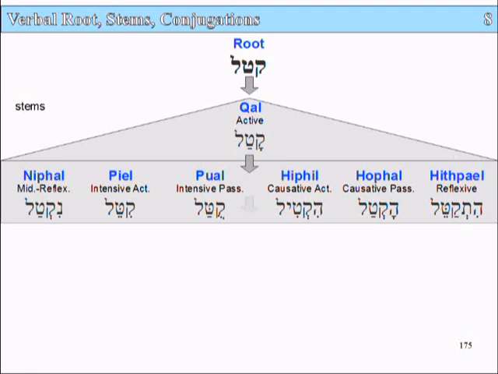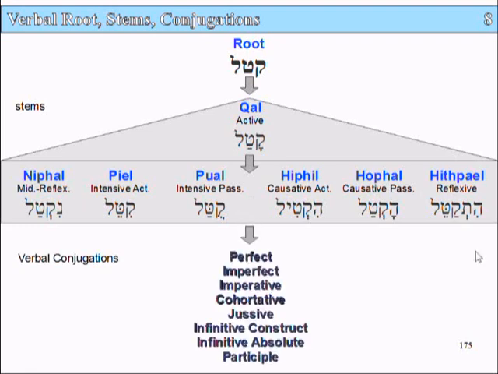And from these, just like in the kal stem, we also have perfects and imperfects and imperatives, cohortives, jussives, infinitive construct, infinitive absolute, and participle, as we saw these in Lesson 7.